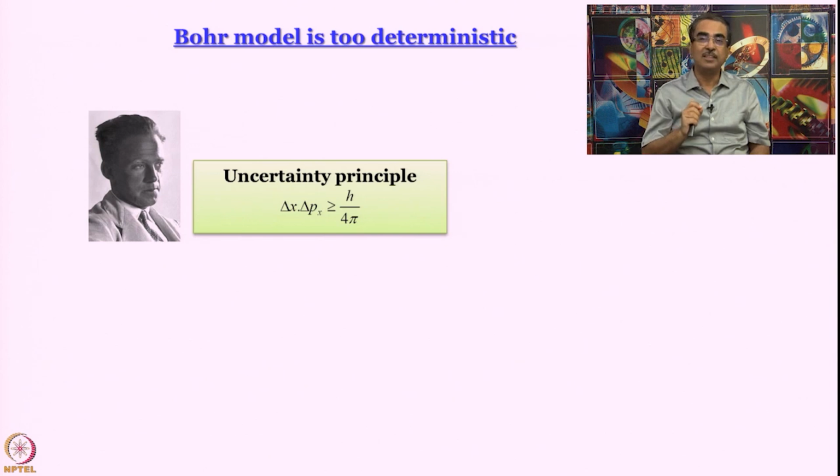And remember, uncertainty principle is not about not being able to do the right experiment. It is about a natural threshold, something that you cannot cross no matter how good an instrument you build. Alright. If you study higher level courses in quantum physics or quantum chemistry, you will learn more about uncertainty principle. But for now, let us just say that uncertainty principle was the final nail in the coffin of Bohr model.